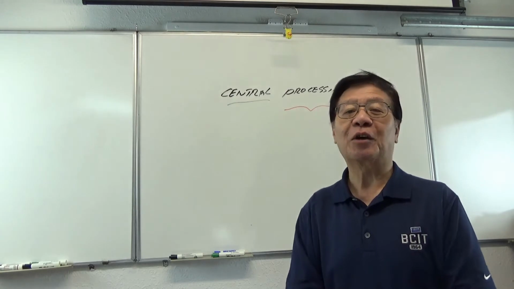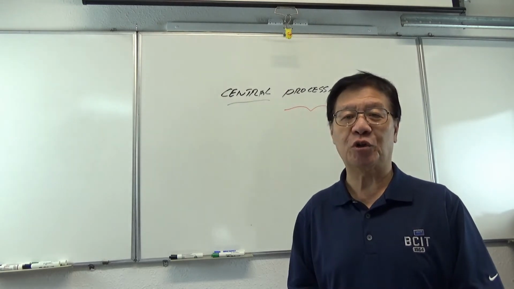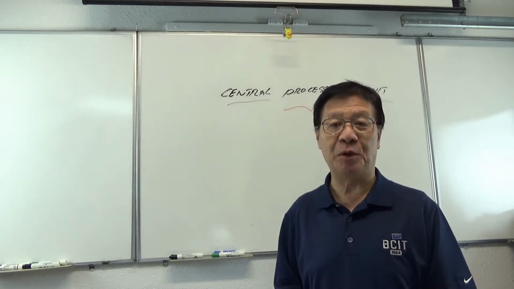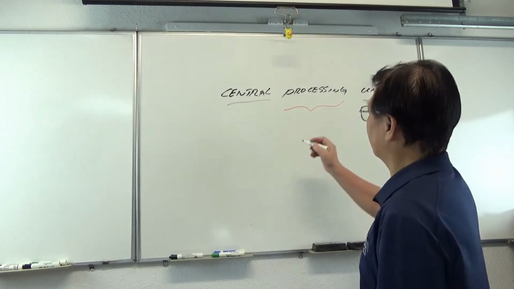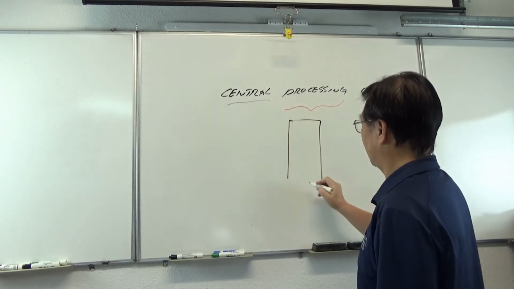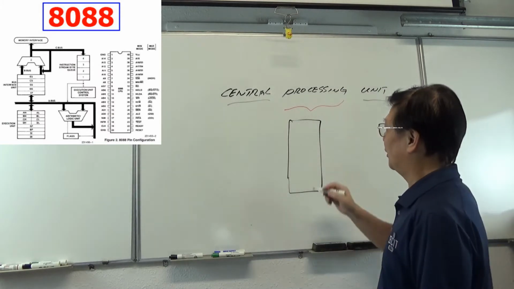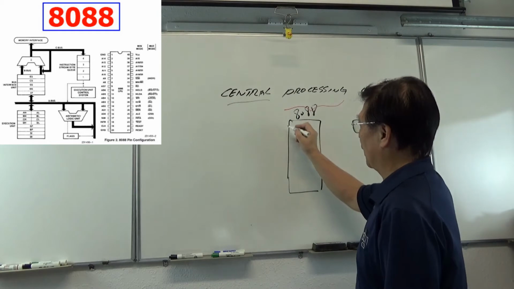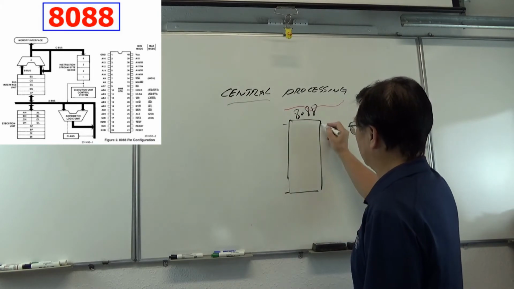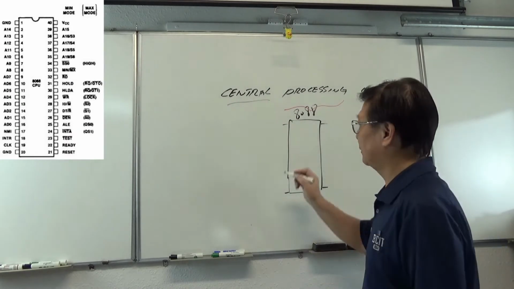So let's take a look at what is the simplest. The first generation of Intel's CPU is called 8088. The CPU is like that, 8088. So we have from here to here, from here to here, 40 pins.